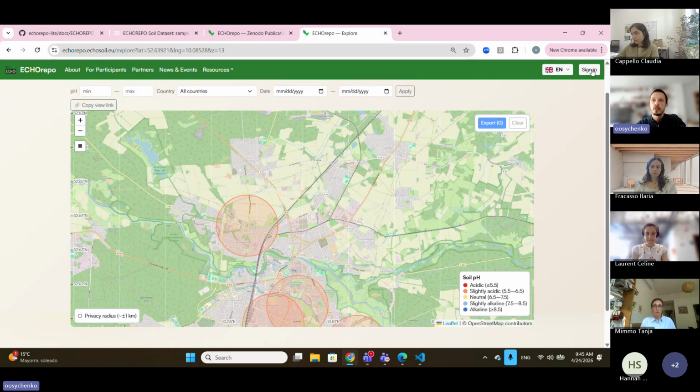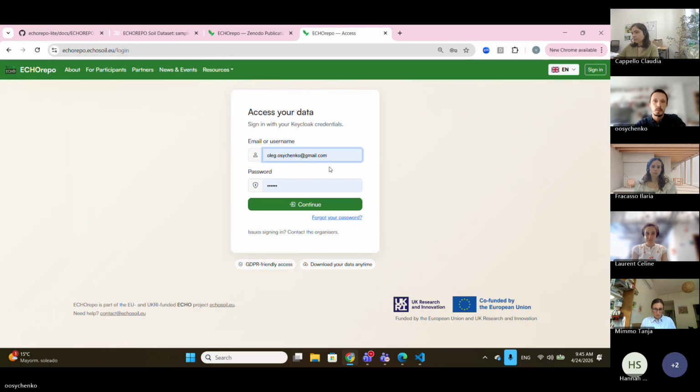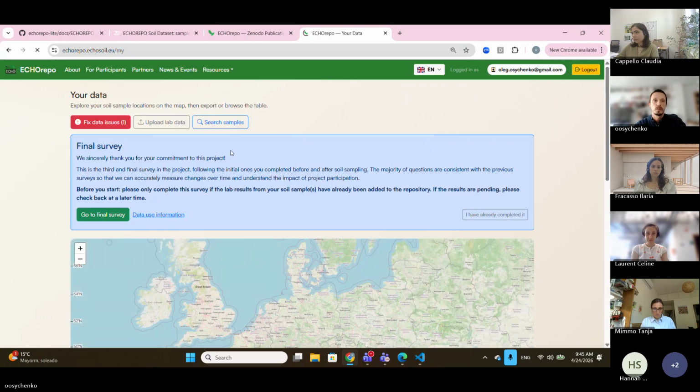And we log in with the same account that is created in the mobile application, and I will do it right here. And once you are logged in, you can make use of all the functionality that ECHOREPO offers.